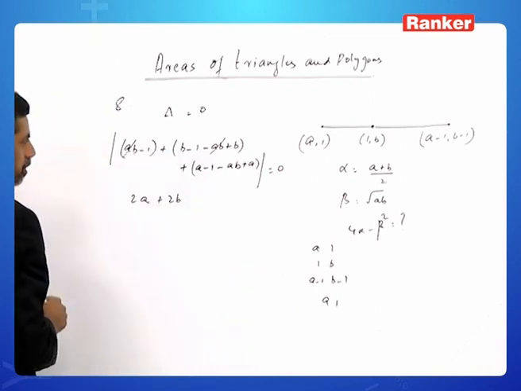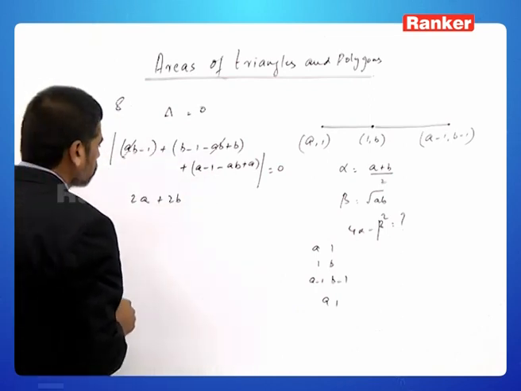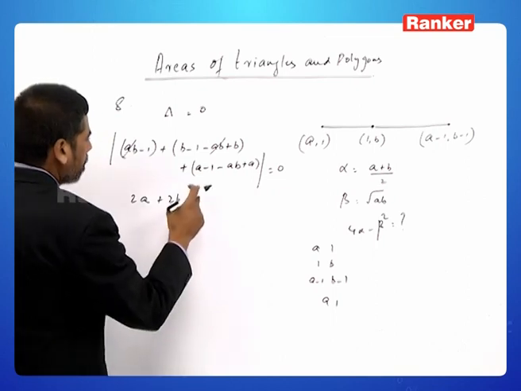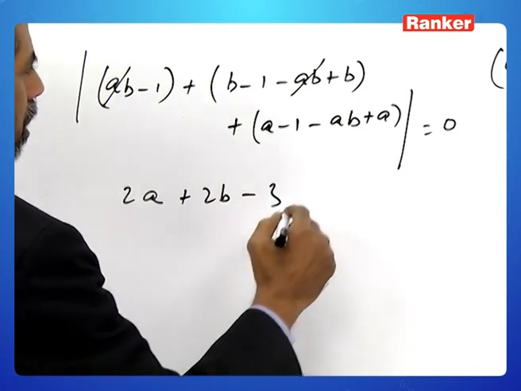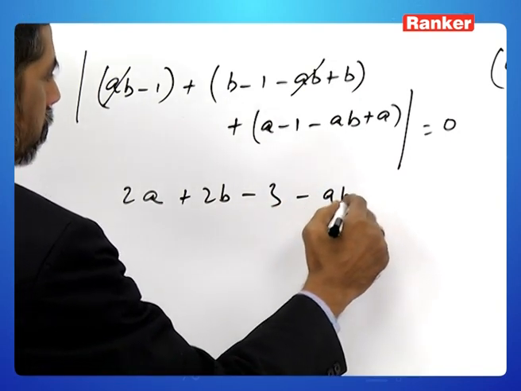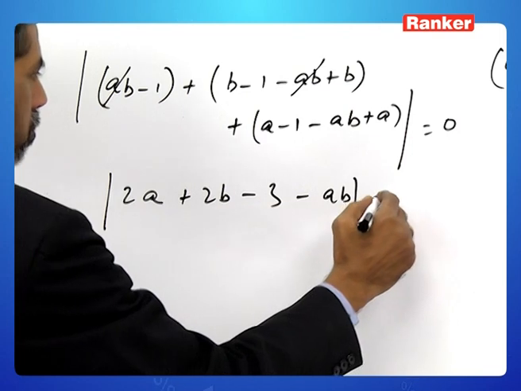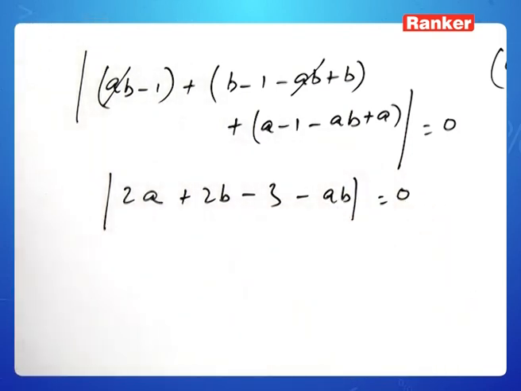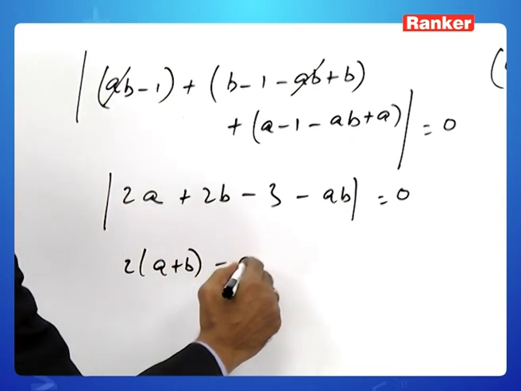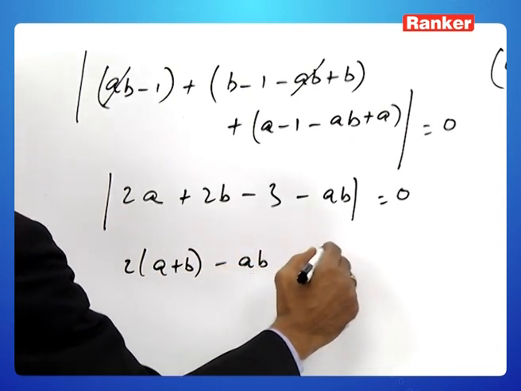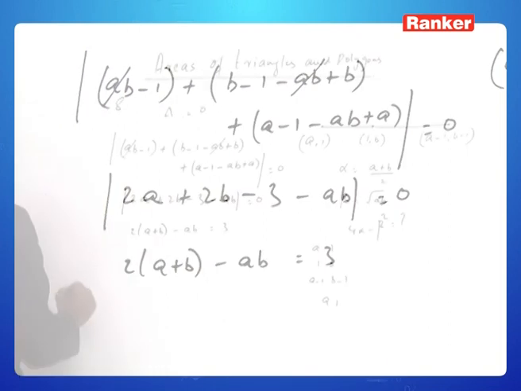So let's look at the possibilities. So 2a plus 2b, and then we'll have minus 3 and also a minus ab is equal to 0. So this is 2 times a plus b minus ab is equal to 3, one of the cases.